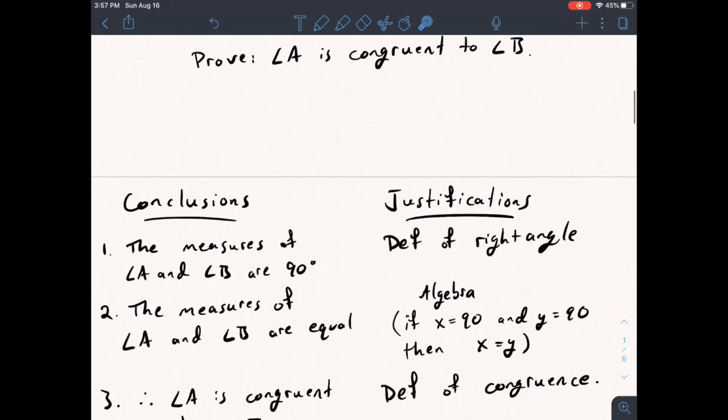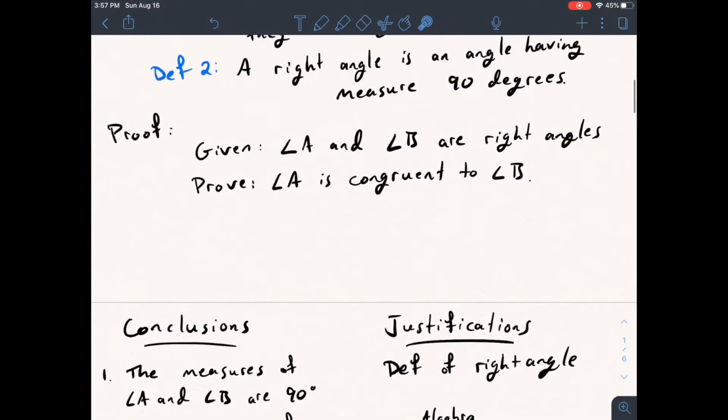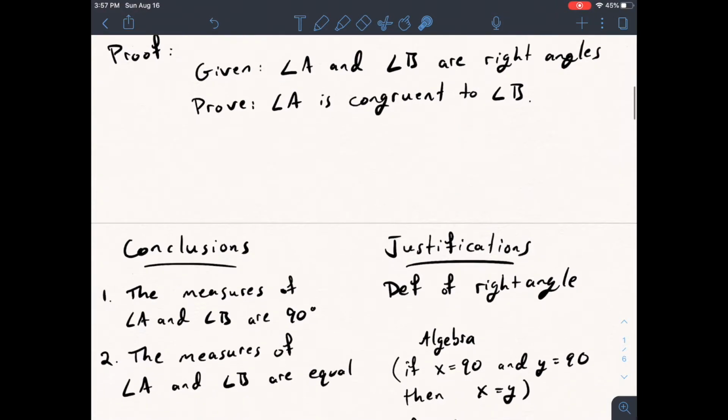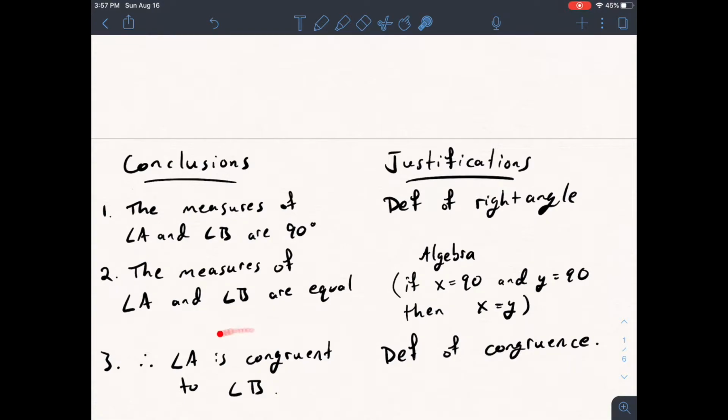I would say a good interpretation of the middleman is that angle A and angle B are equal. So angle A and angle B are right angles implies Q, that angle A and angle B are equal, which implies the statement angle A is congruent to angle B. This right here is the final conclusion.